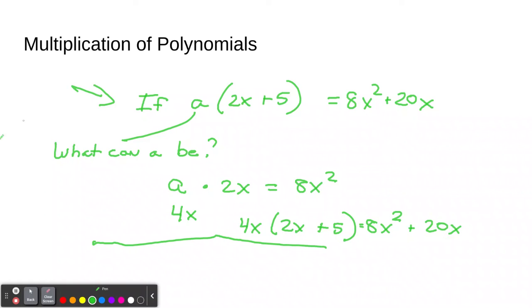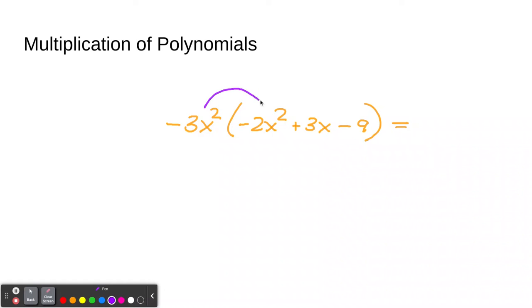All right, what if, clear that out, change the pen, use that color. What if I gave you negative 3x squared, and then we said negative 2x squared plus 3x minus 9. Try that one. Pause the tape, try that. All right, again, using the distributive property, use purple to get the answer here. Let's distribute this whole thing.